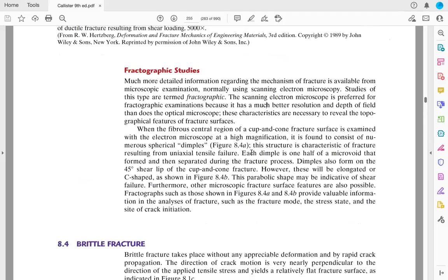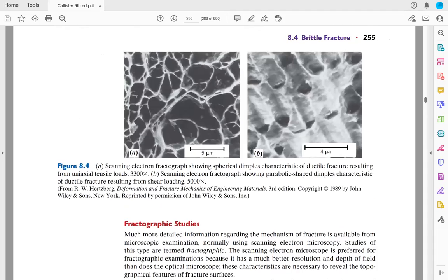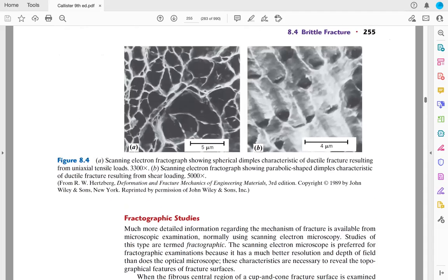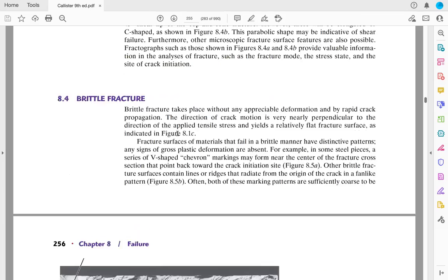For example, a ductile fracture will result in parabolic-shaped dimples, for example for shear loading, and for this one, based on an actual tensile load and so on. So there is some knowledge there.